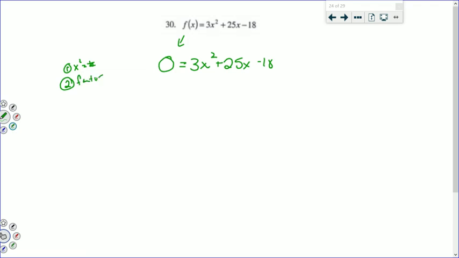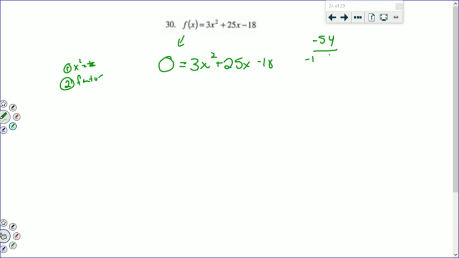Let's find out. So, since this number right here is not 1, we need to multiply a times c. So 3 times negative 18 is, let's see, 3 times 18, so that's 30 plus 24, so that's negative 54. So we need two numbers that multiply to be negative 54 that add to be 25. So let's start dividing.